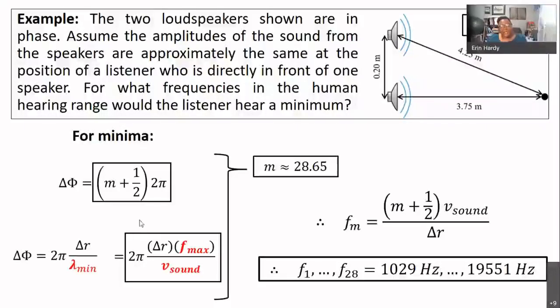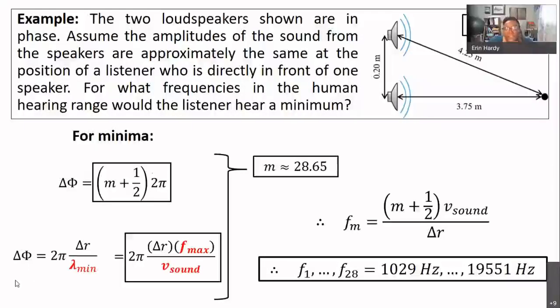So if you were trying to locate all of the minima, so all of the examples of perfectly destructive interference that match with a frequency that a healthy human could hear, you would first look for the half integer multiples of 2 pi. So you want delta phi, the phase difference, to be (m plus 1/2) multiplied by 2 pi.